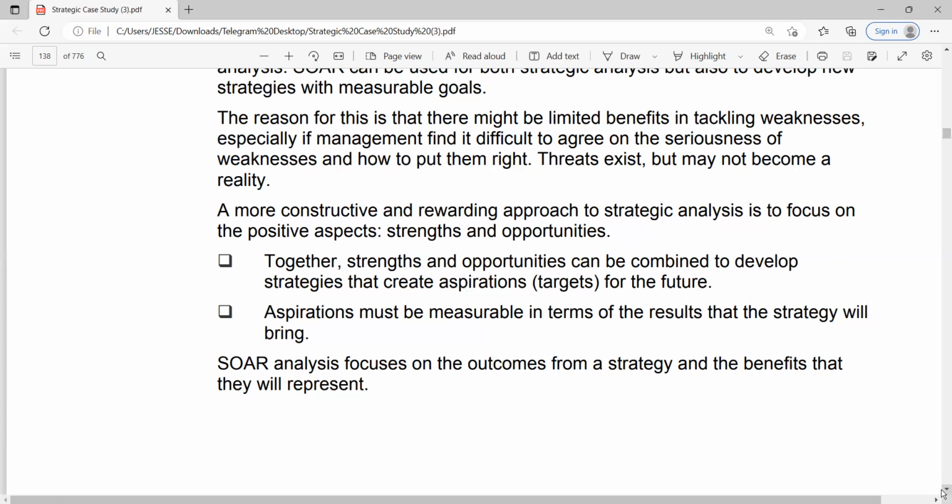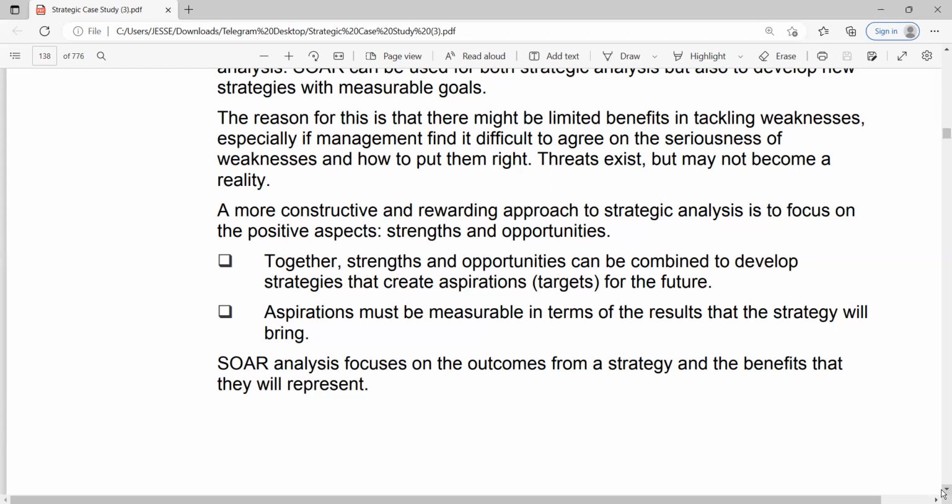You must know that aspirations must be measurable in terms of the results that they will bring. So first of all, you need to know why SOAR analysis came. SOAR analysis is focusing on the more positive side because there might not be too much benefit when it comes to tackling weaknesses.